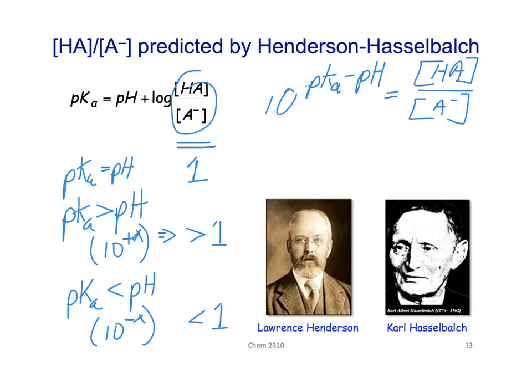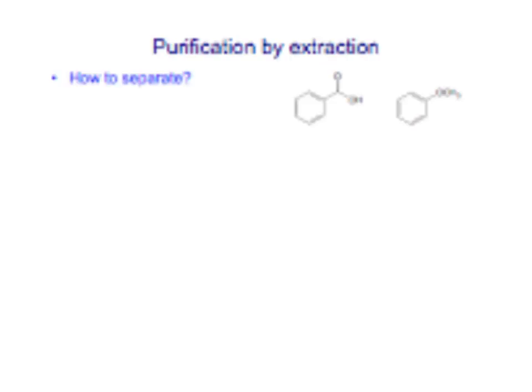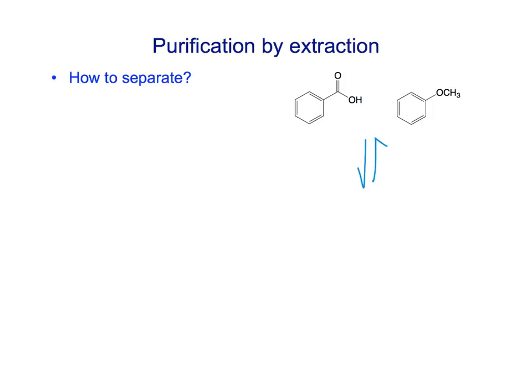And this gives us the ability to separate compounds based upon solubility. All right? So let's imagine how we could separate these two compounds over here. So we have benzoic acid, and we have anisole, right? It comes from licorice. So what we would do, let's do just an equilibrium here, okay?